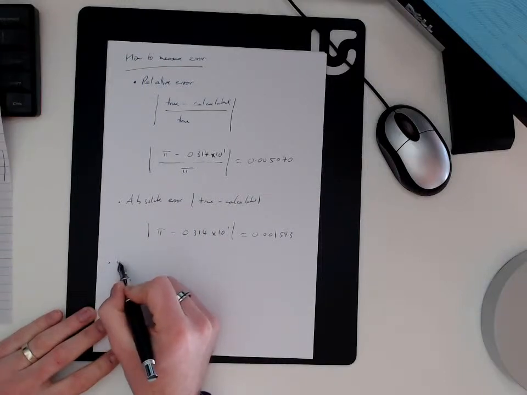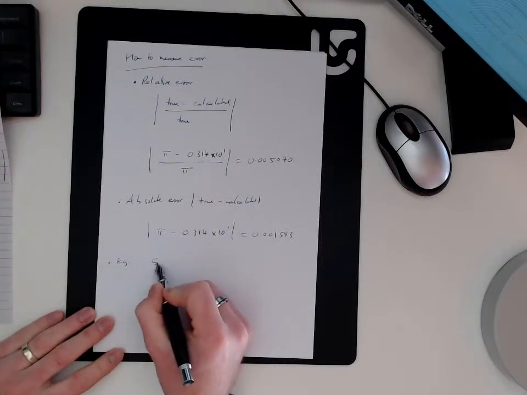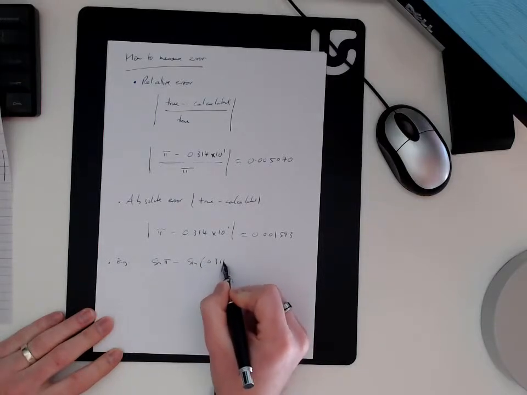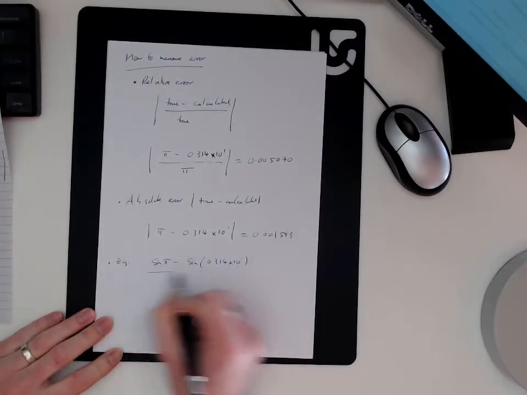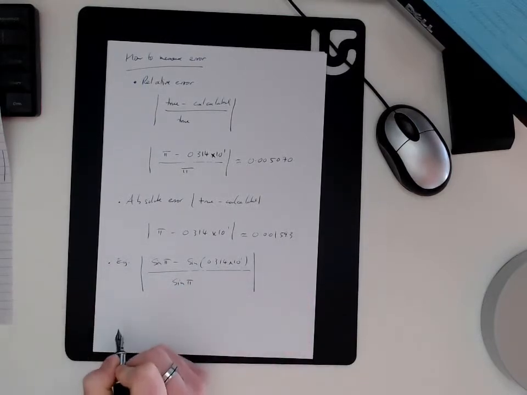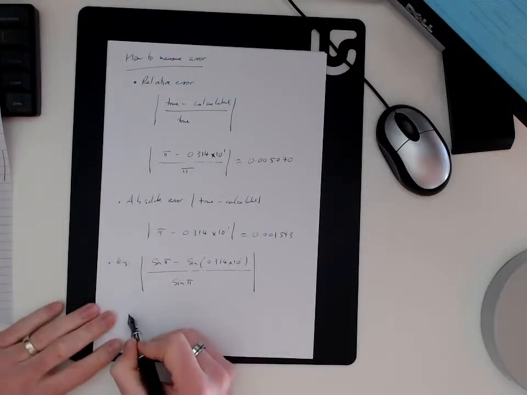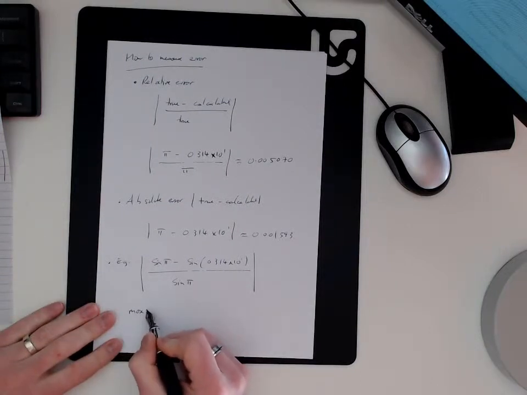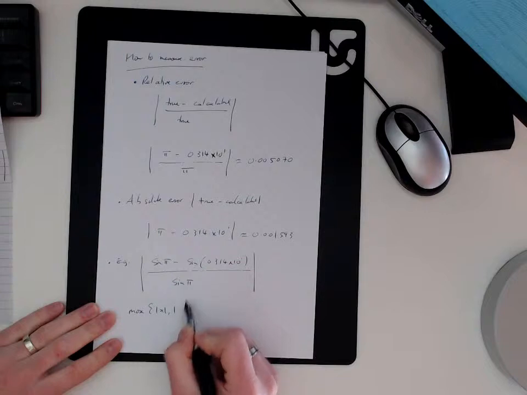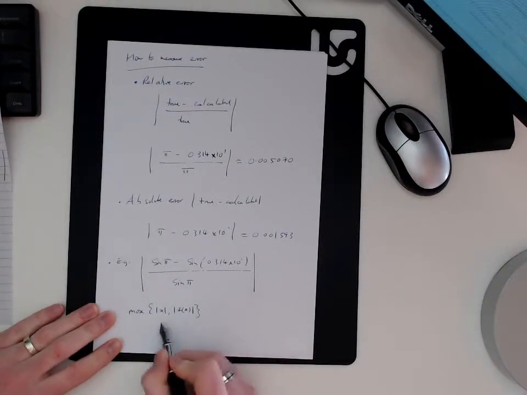For example, sine pi minus sine 0.314 times 10 to the 1 divided by sine pi is not something that makes a great deal of sense. So some people have advocated using the max of whatever the value is that you're calculating, in this case pi, and the value of the function.